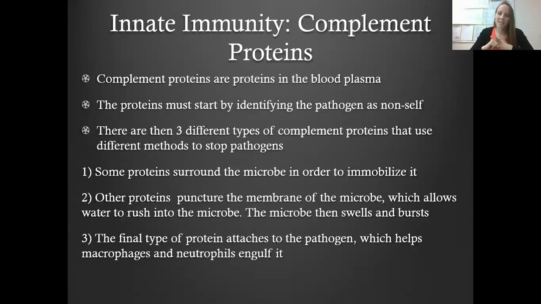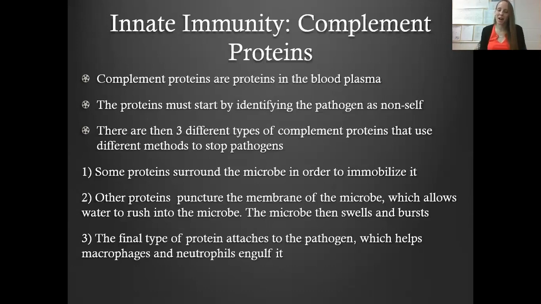Other complement proteins can actually go up and stab the membrane of the microbe, and then water rushes in and just bursts it. And then the last type of complement protein just latches on to the outside of the pathogen and flags it down, like, hey guys, over here, there's this thing, you should eat it.